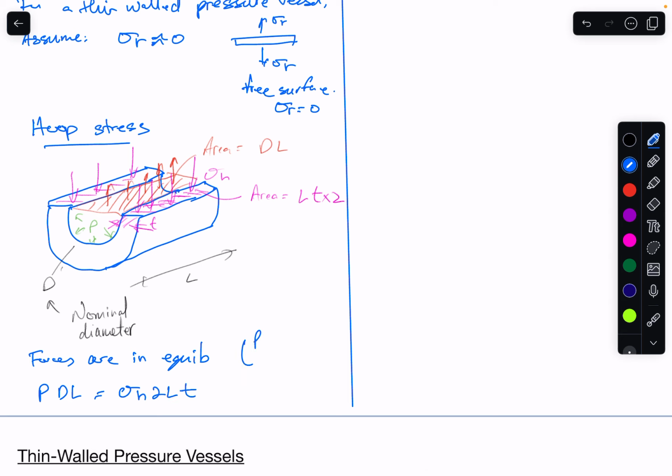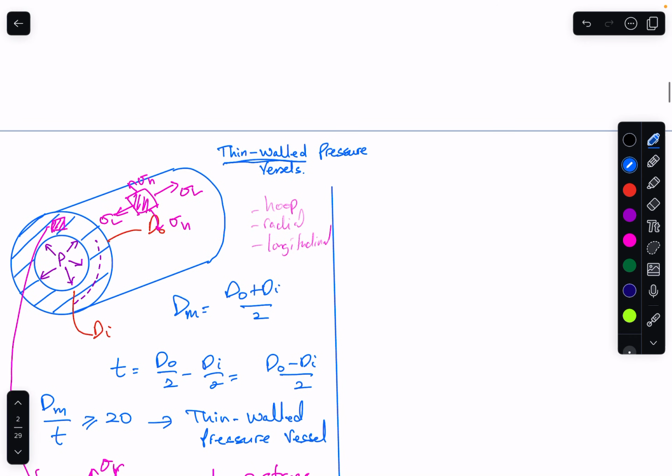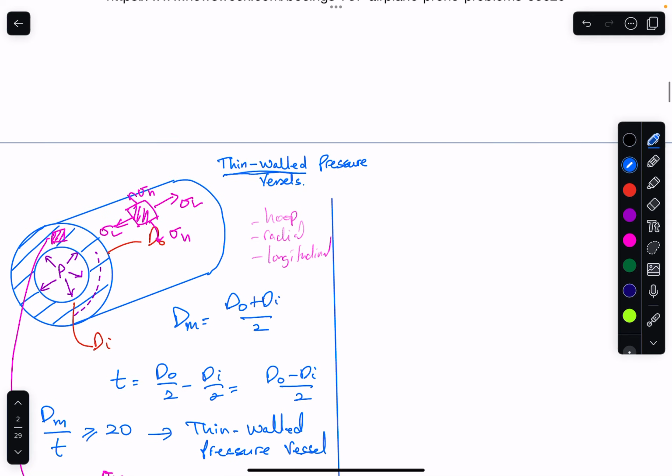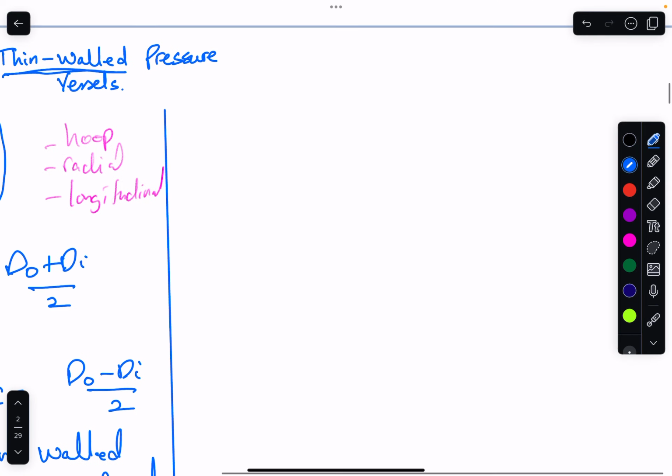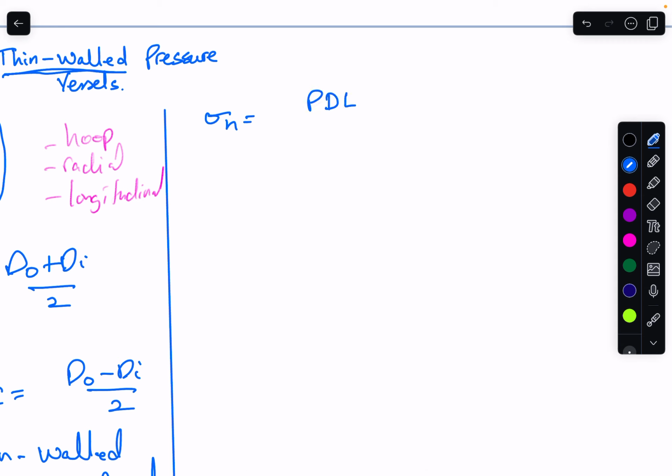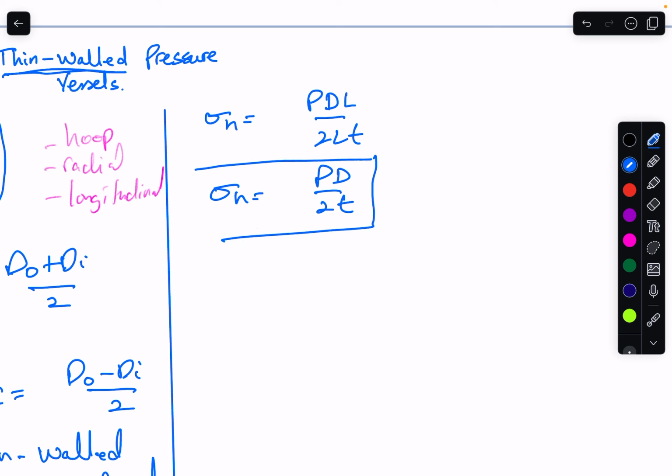Remember, let's keep in mind force is pressure times area. So you could actually calculate now: sigma hoop therefore is equal to P d L on 2 L t, and this is our hoop stress calculation.